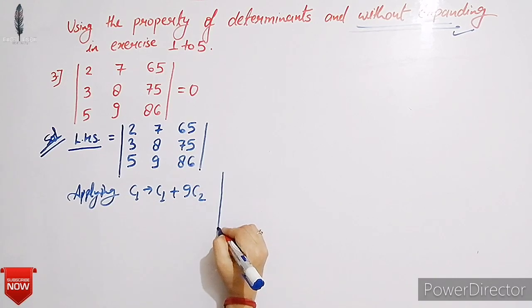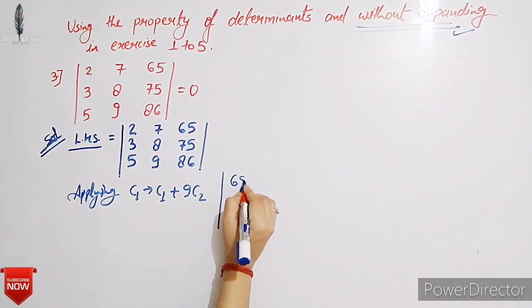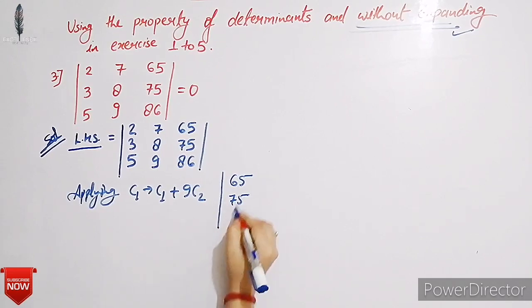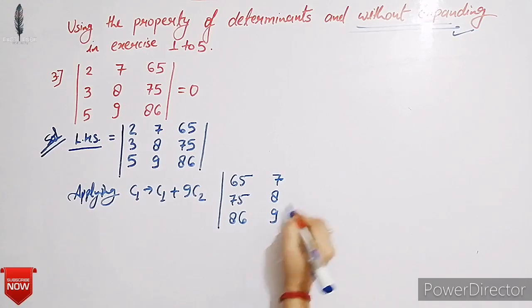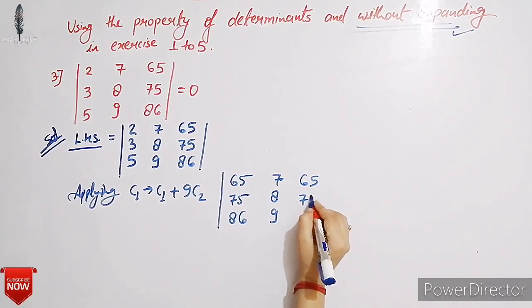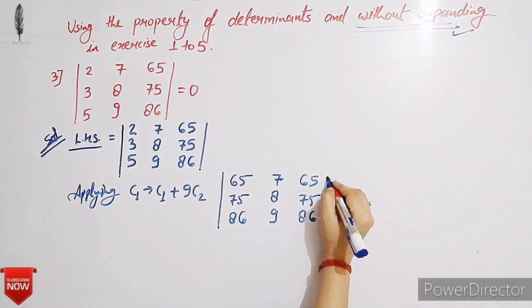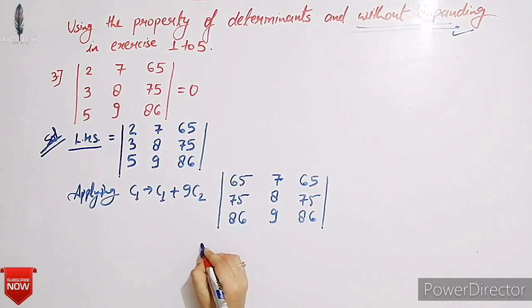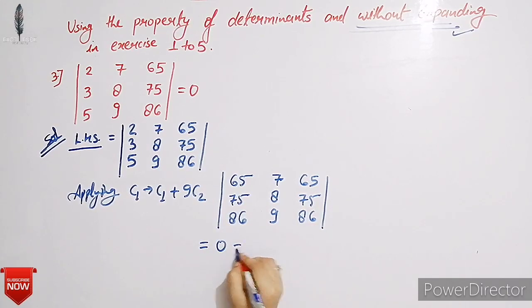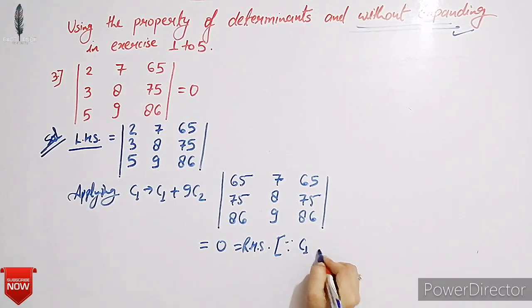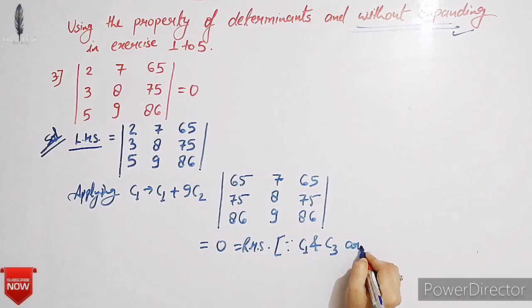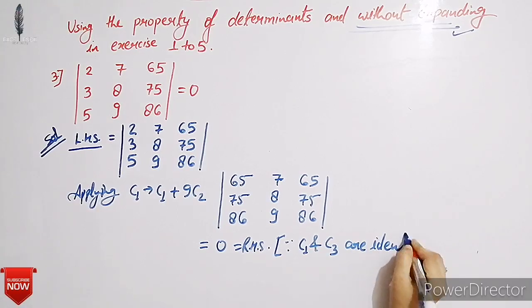Then C1 becomes 65, 75, 86, and C2 is 7, 8, 9. C3 is 65, 75, 86. So here C1 and C3 are identical. So it is equal to 0, equal to RHS, because C1 and C3 are identical. Okay, clear? So let's see the next question.